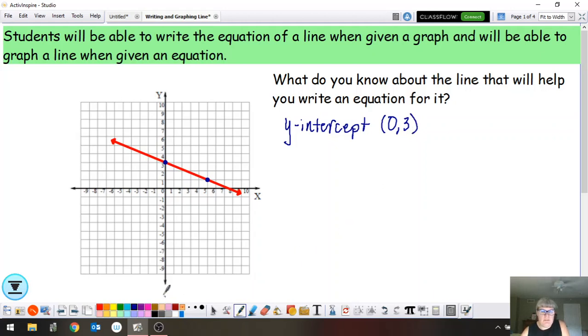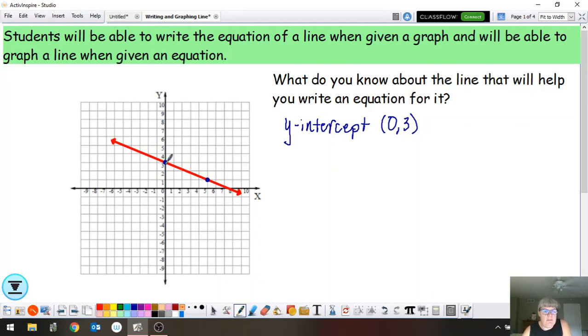Something else we can determine from this line is the rate of change or slope. And as Mrs. Kraft mentioned in a prior video, if we read from left to right, I'm going to go from my y-intercept to this other point that's been plotted in blue.